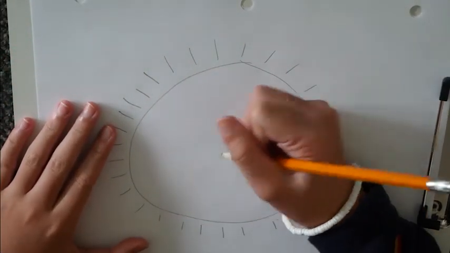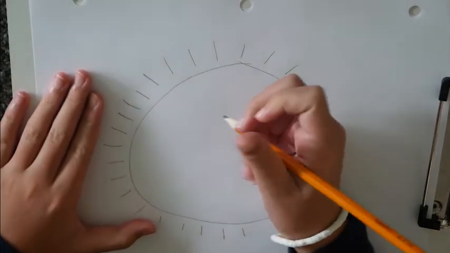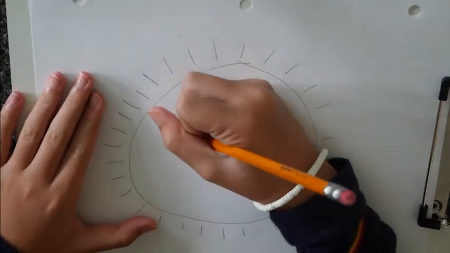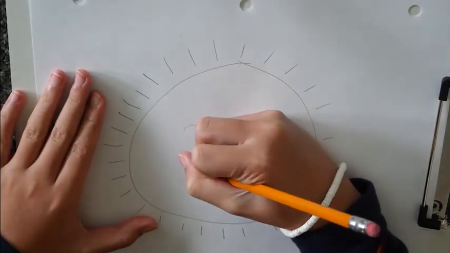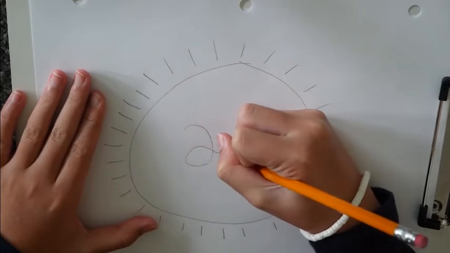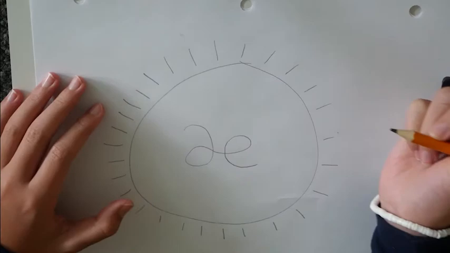So I'm going to do the A and the E inside the sun. This usually takes me a couple tries to get the exact shape that I want. So make sure you draw lightly so that it's easier to erase and it won't leave marks on your paper.